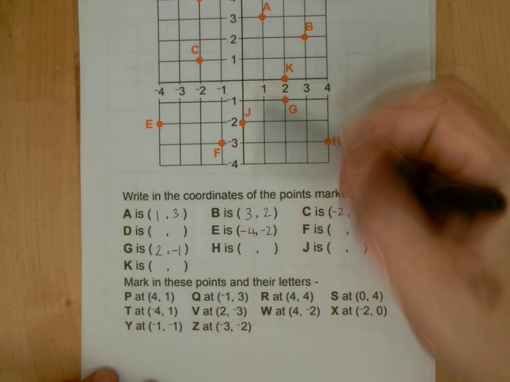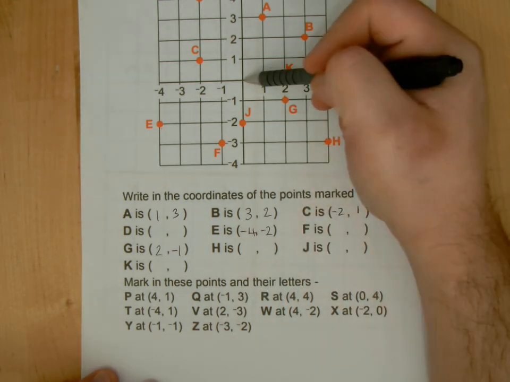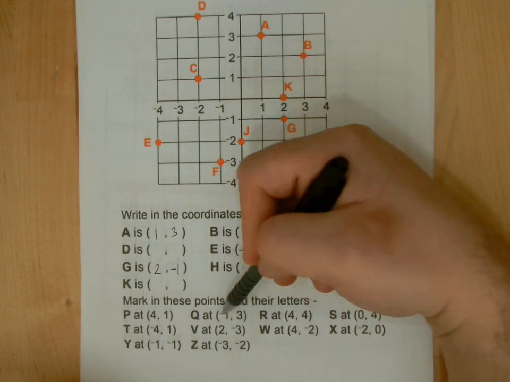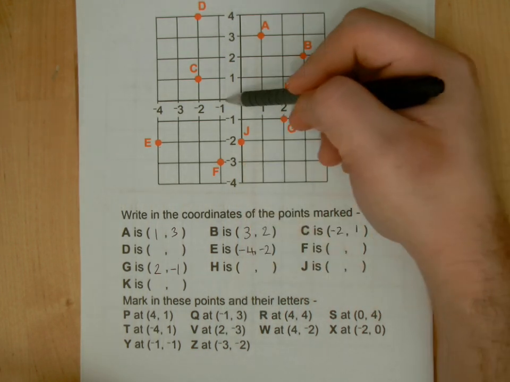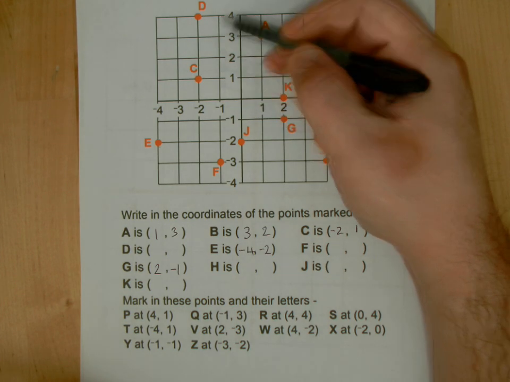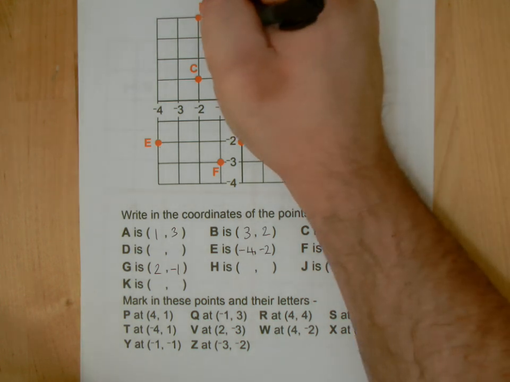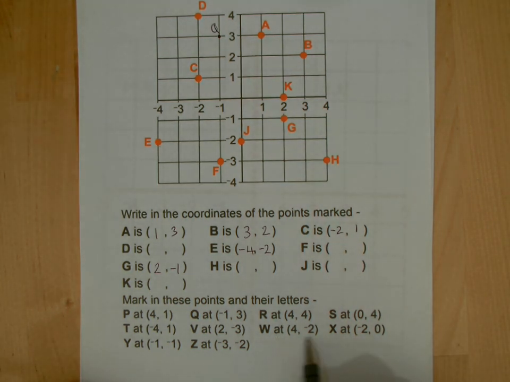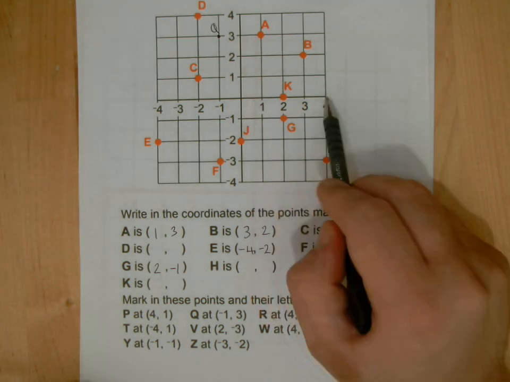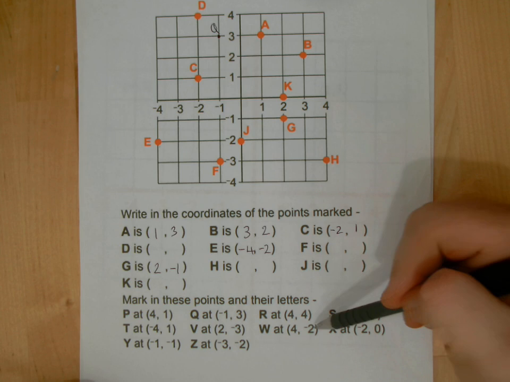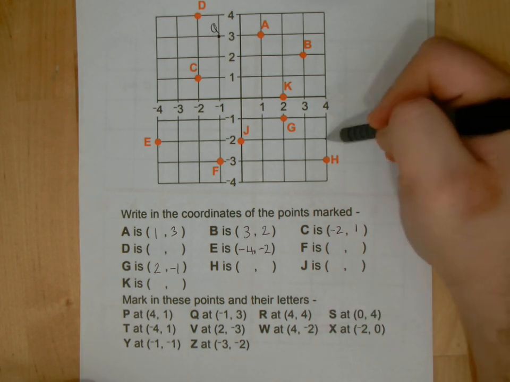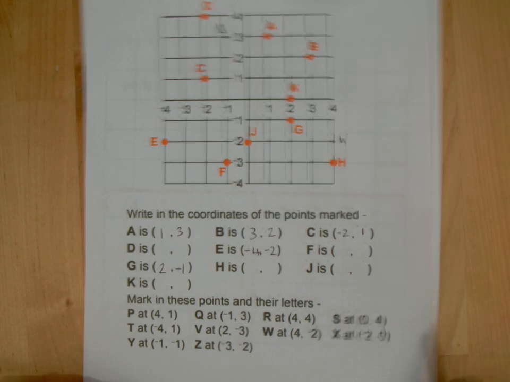So -1 tells me I've got to go back to -1 first, because remember the first value tells you how many you go across, so we've got to go to the left by 1, and we've got to go up to 3, so we end up here, so we can mark up a point, put Q. So W, for instance, 4, -2, so 4 tells me I've got to go across 4 to the right, +4, and then the second value tells me I've got to go down, because it's -2, so I end up there. W there.